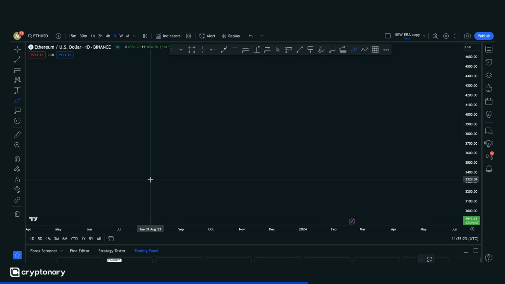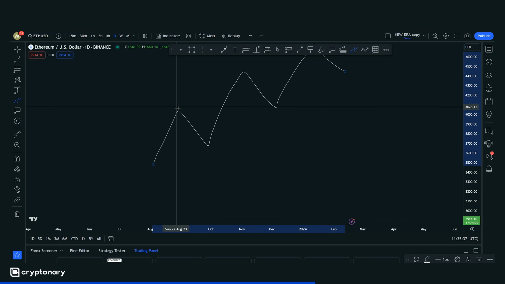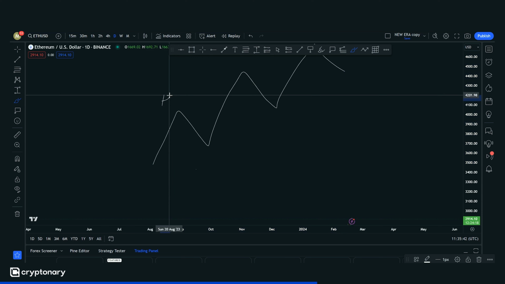Going back a second, what I mean by higher highs and higher lows is this, okay? The market will print, it will retrace, it will print higher, it will retrace, it will print higher again, and then it will retrace. What I mean by higher highs, in a bullish trending market, this would be regarded as a higher high, and this would be regarded as a higher low. Why? Well, because this low is higher than this low.